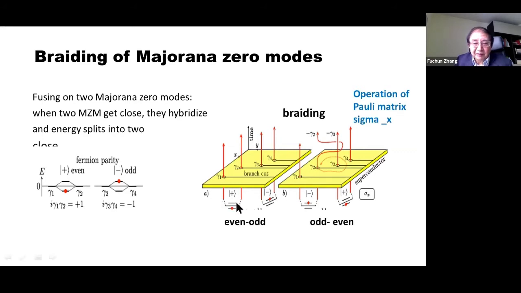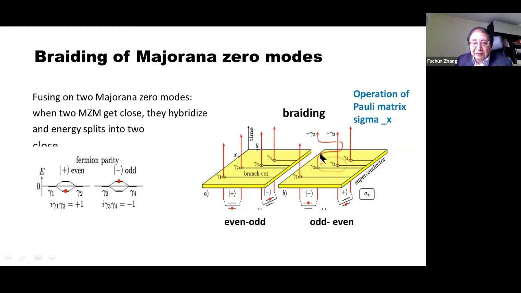I may prepare them so that one is even and the second is odd. Then you make this gamma 2, Majorana 2, just move around, braid around Majorana 3 and come back. And in this process, you would think I don't change anything, it comes back.